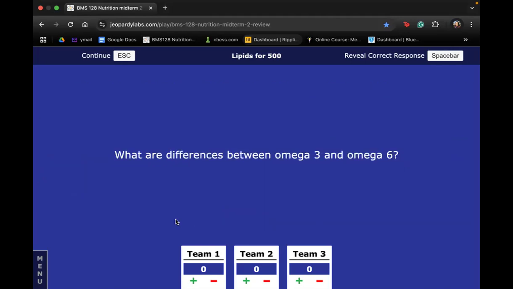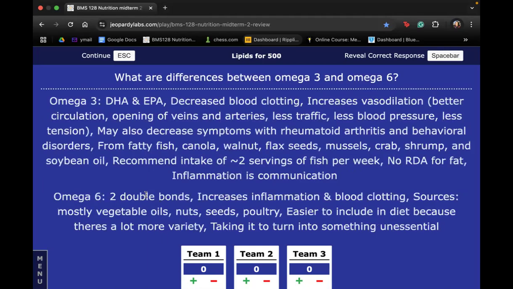What are the differences between omega-3 and omega-6? Is it like the formation of the carbon with the hydrogen, like it's bonded to different carbons or something like that?